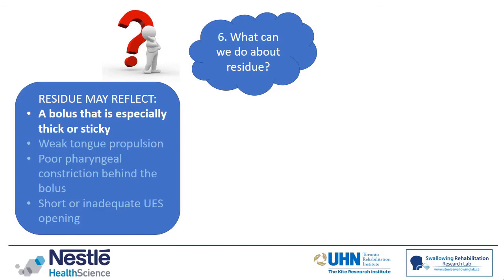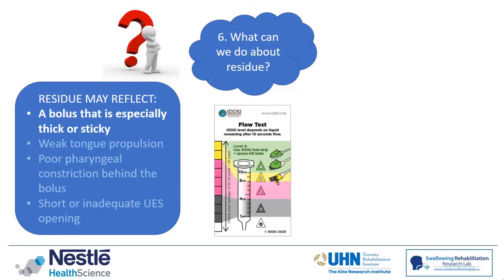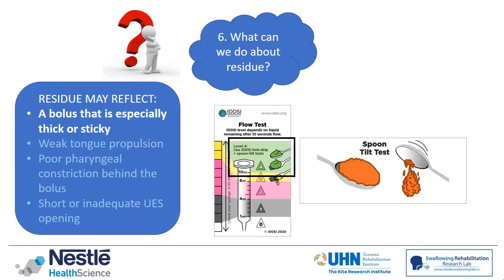And here I will just briefly remind you that you can measure the properties of a liquid using IDDSI's testing methods. The concern here is about liquids in that extremely thick range, or level 4 on the IDDSI framework. These liquids are too thick to flow through a syringe in the IDDSI flow test, so their properties should be tested instead using the IDDSI fork drip test and the IDDSI spoon tilt test.